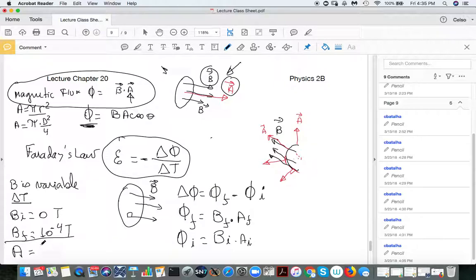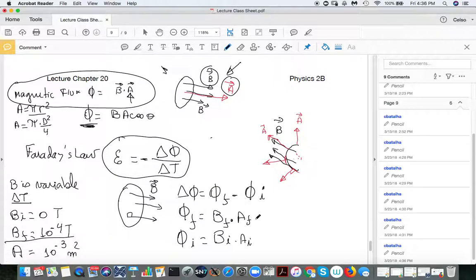So the area is constant, and again, just to make it simple, let's give an area for your ring. I'm making up a number here, let's put 10 to the minus 3 square meters, something like that.